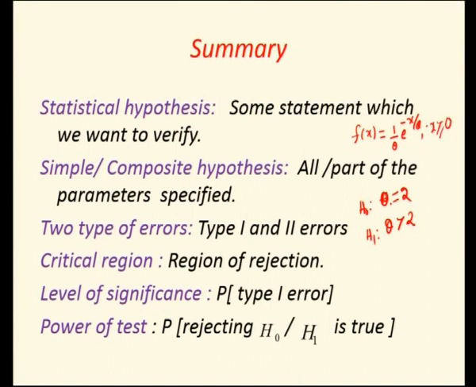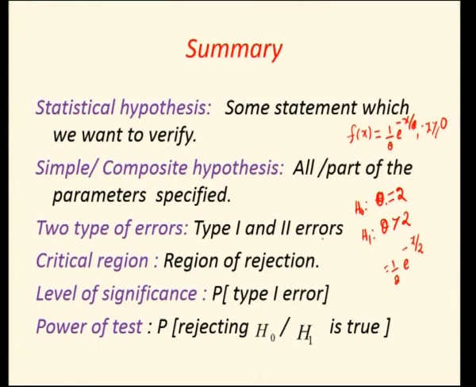So it takes all the values greater than 2. Here it becomes 1 by 2 e power minus x by 2. So here you will get a list of values for x greater than or equal to 0. Therefore, a composite hypothesis is a hypothesis where the complete specification of the population is not given.